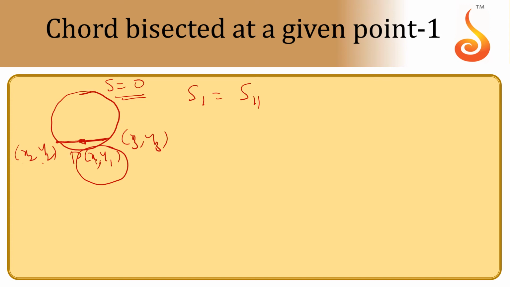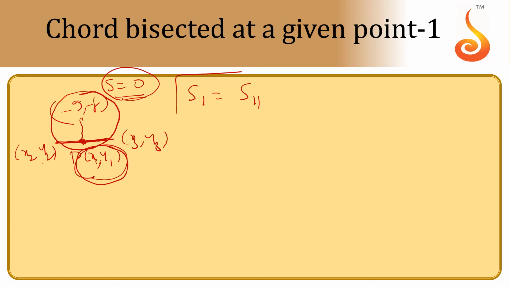For the circle, minus g comma minus f is the center, and if you join these two points you can get the slope, and its negative reciprocal will be the slope of the chord. So using the point and the slope of the chord, you have introduced the elements of the circle, g and f.